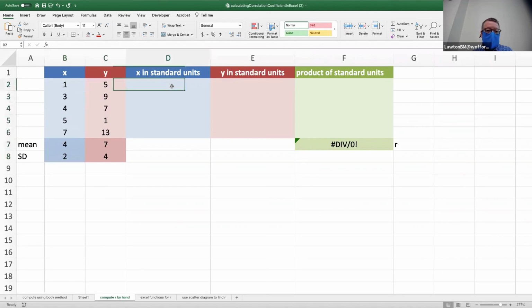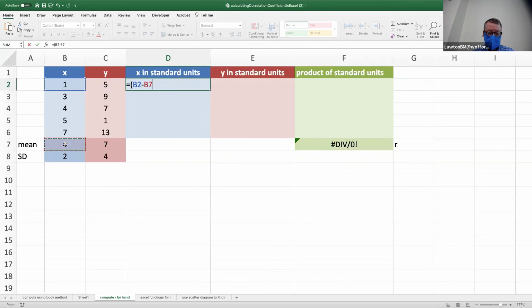All I need to do is say in standard units, it is equal to 1 minus the mean divided by the standard deviation. So how far away am I from the mean, and how does that compare in terms of a standard deviation? So I should get minus 1.5.